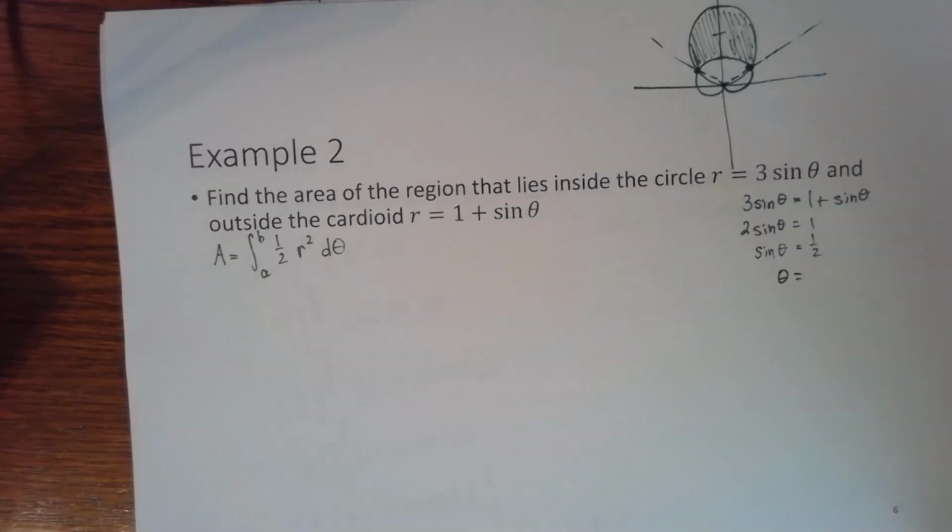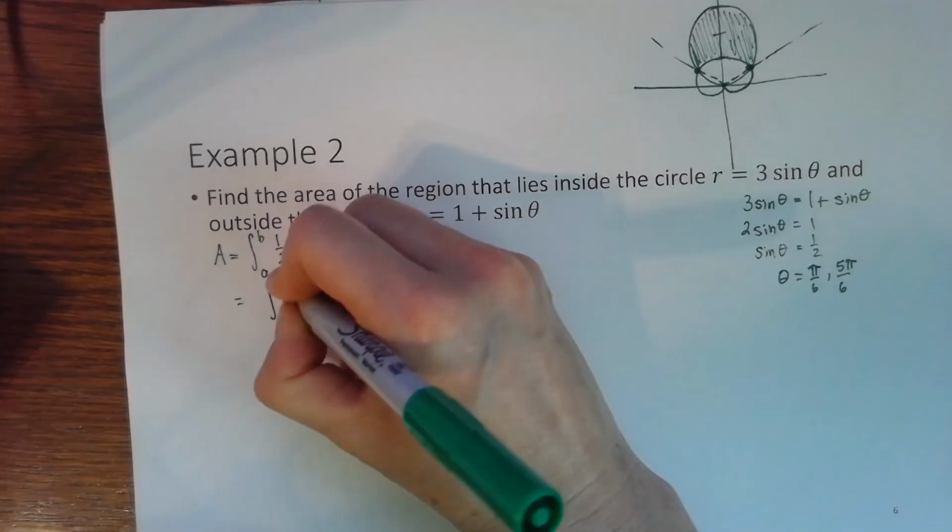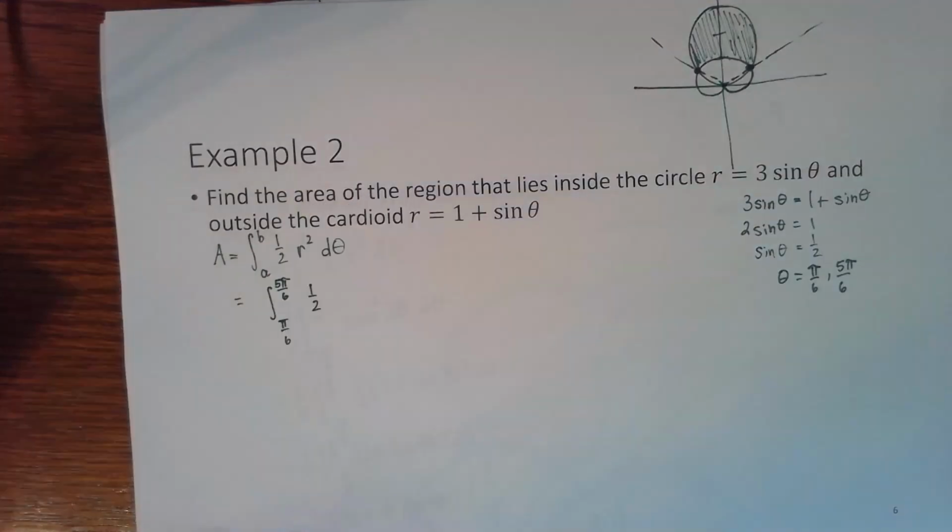We know that the sine is 1/2 in the first and second quadrants at pi over 6 and 5 pi over 6. And so our area is going to be the integral from pi over 6 to 5 pi over 6 of 1/2 r squared.